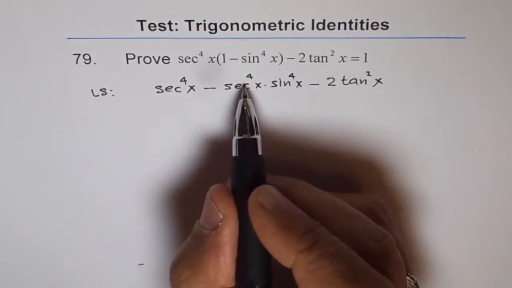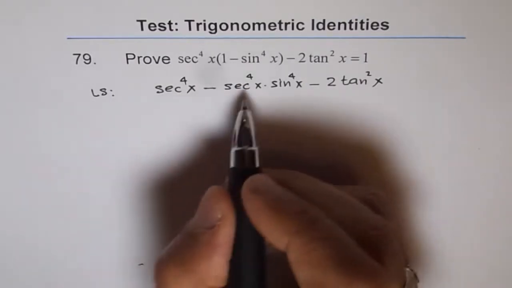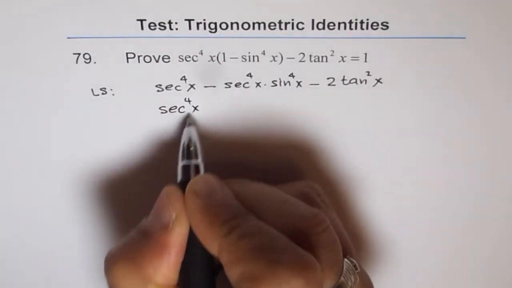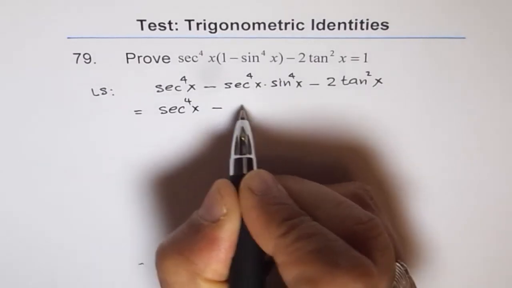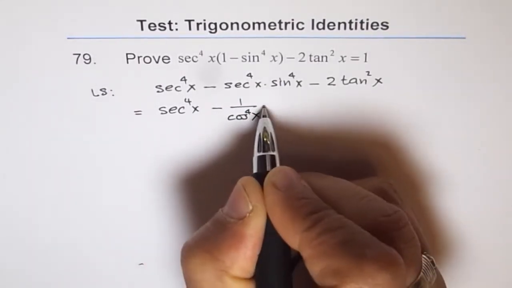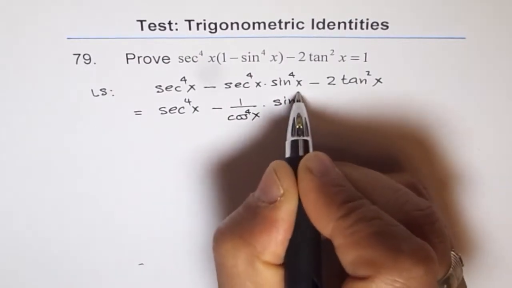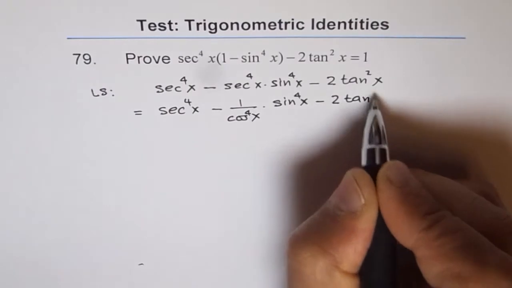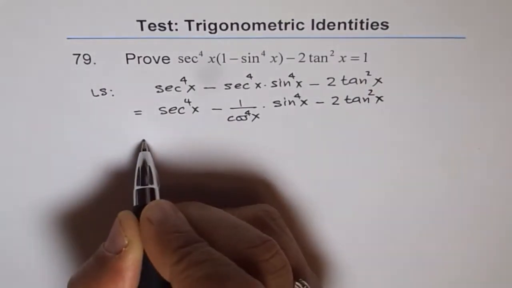Secant is 1 over cos. So let's write down this as sec 4x minus 1 over cos to the power of 4x times sine to the power of 4x minus 2 tan square x.